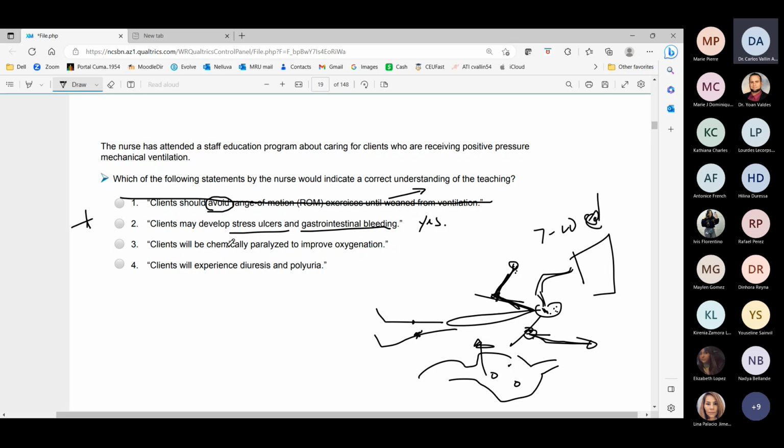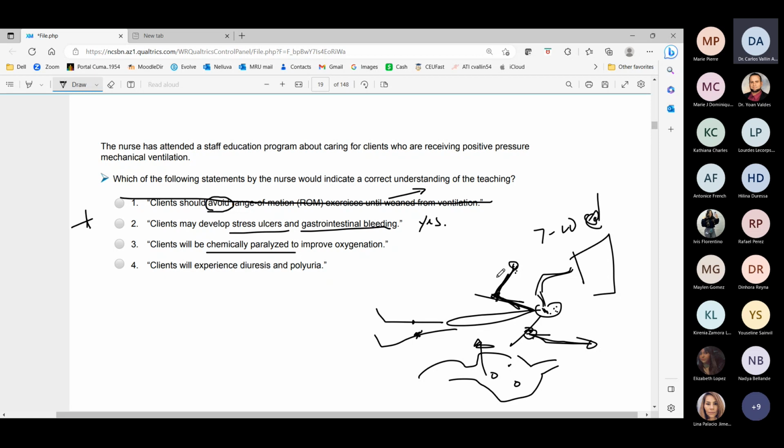Clients will be chemically paralyzed to improve oxygenation. No, that is not necessary in mechanical ventilation. Clients can be paralyzed during surgery. You need to be very aware of those medications that produce paralysis.